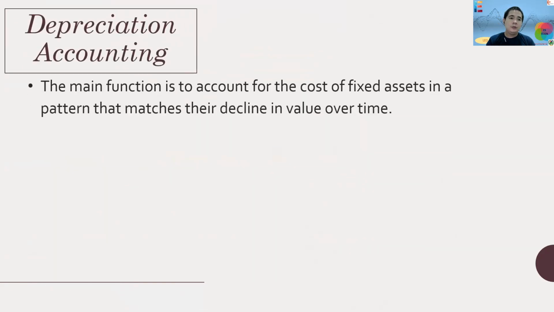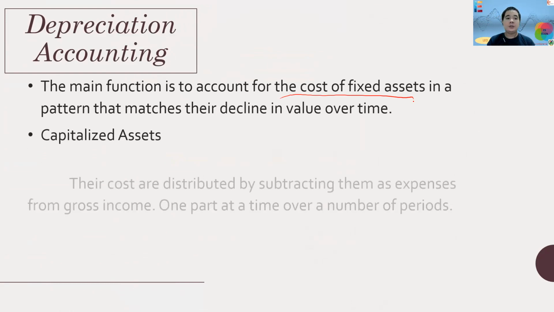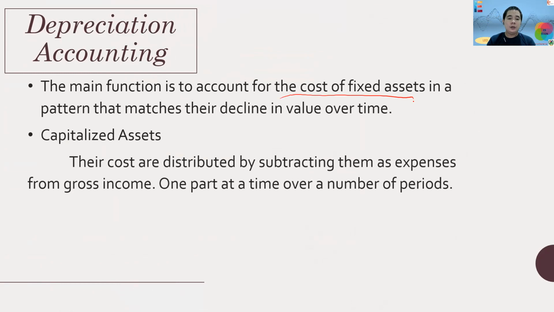So what is depreciation accounting? So the main function is to account for the cost of fixed assets in a pattern that matches the decline in value over time. Okay. This refers to capitalized costs, and their costs are distributed by subtracting them as expenses from gross income, one part of a time over a number of periods.